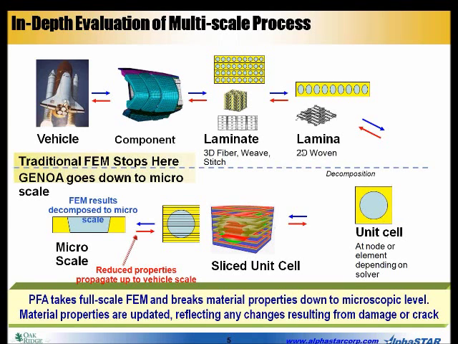We analyze the output from a classical finite element solution, and we analyze the behavior on a micro scale and try to determine damage and fracture on a micro scale, and we scale up the effects of these micro damages all the way up to the global structural behavior. The software tool Genoa does this in an iterative process in order to enable the analysis of the durability and the damage initiation and propagation within composite materials.